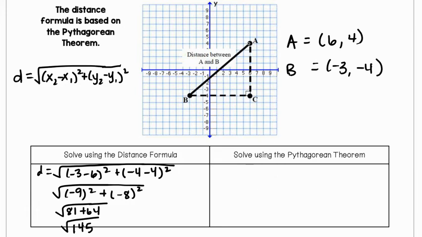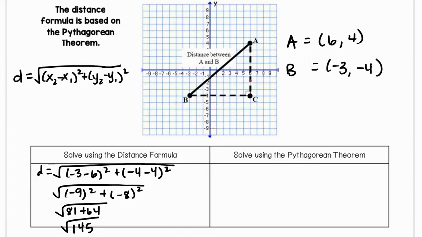So the other way to find the distance between A and B, aside from using the distance formula, is to draw a right triangle. So I drop a leg down from A and create point C, and that is where my leg from B to C meet. So C is right here. We can use this to figure out how long these two legs are and then plug into the Pythagorean theorem.